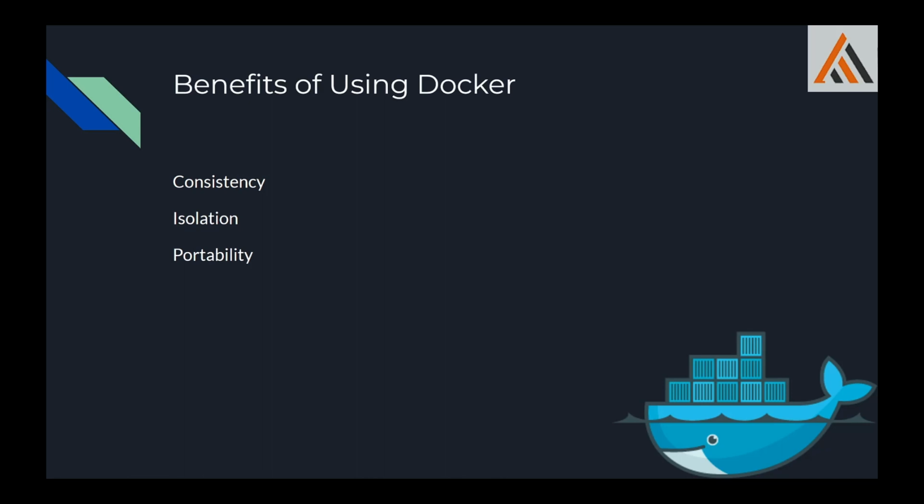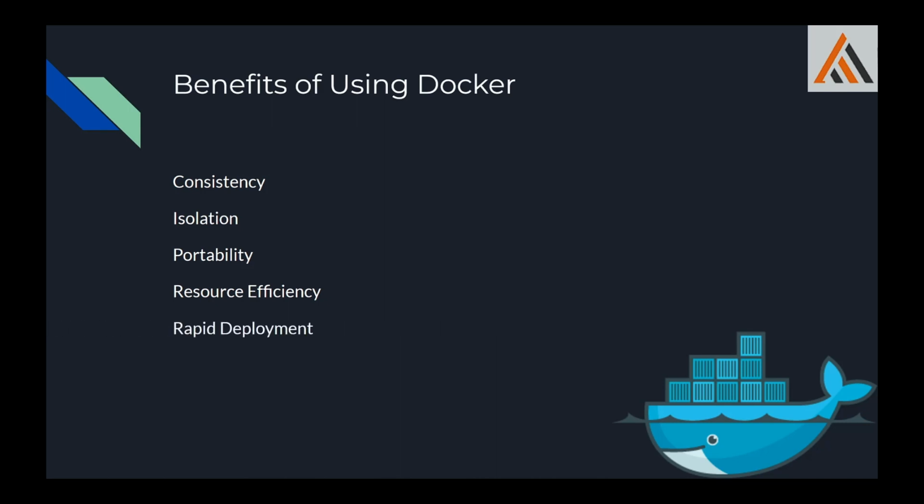Portability. Containers can run on any system that supports Docker, making it easy to move applications between deployment, testing, and production environments. Resource efficiency. Containers share the host system's operating system kernel, resulting in less overhead compared to traditional virtual machines.